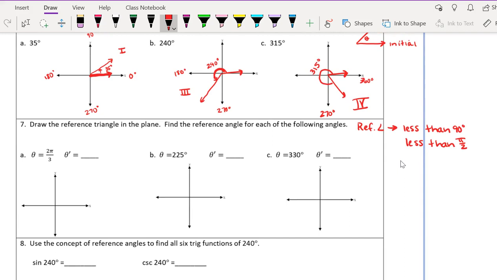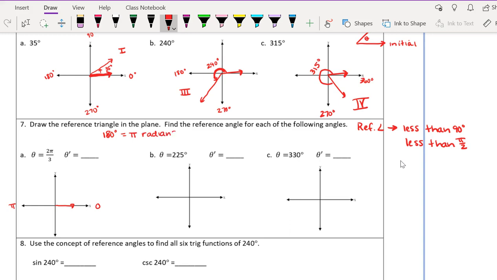So this is 0, 0 pi, okay? This over here, normally 180 degrees is pi, because 180 degrees is equal to pi, and the unit on that is radians.